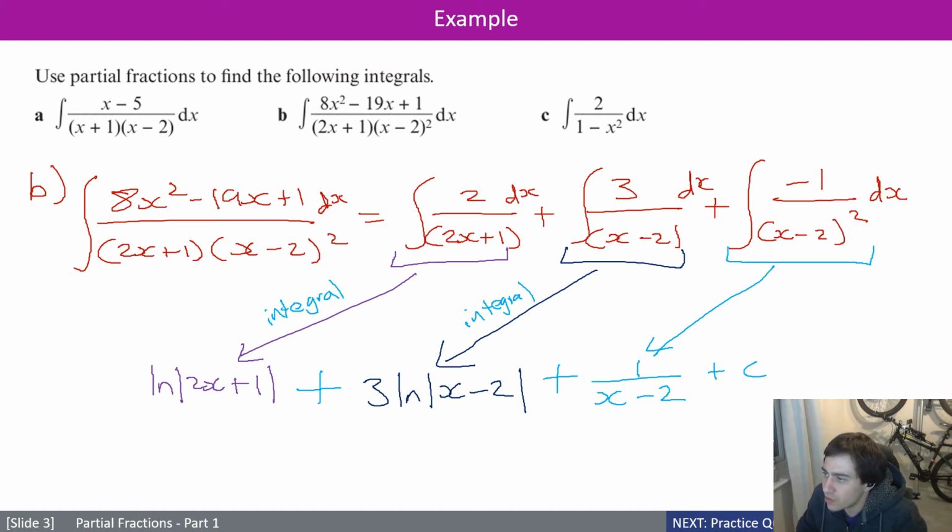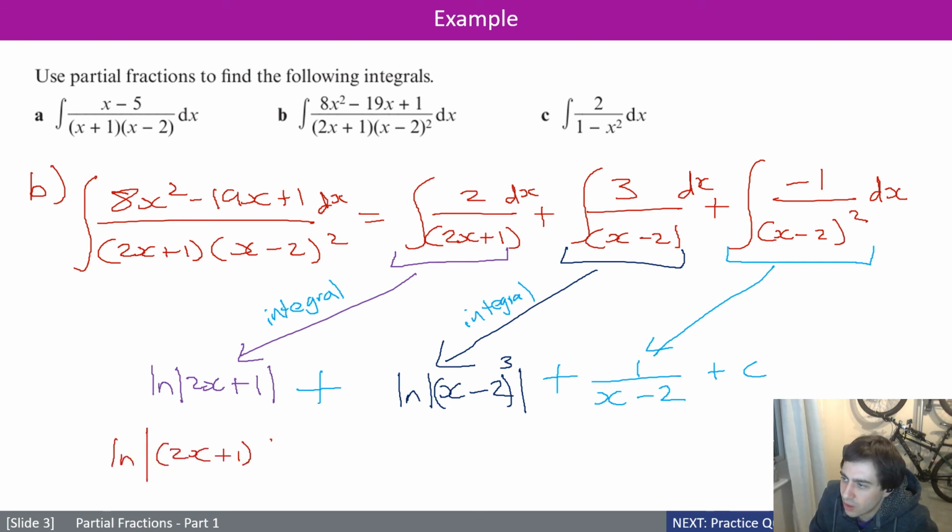So this 3, which I delete, is now going to be the power of this x minus 2. And those two logs, ln of 2x plus 1 and ln of x minus 2 cubed, we're going to multiply those two expressions together and create a single logarithm.